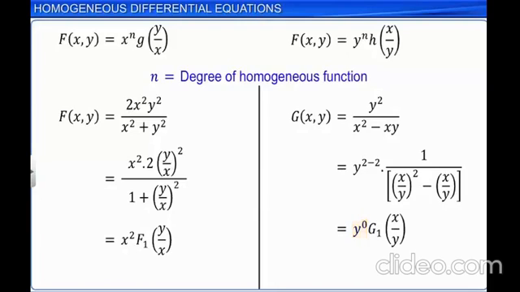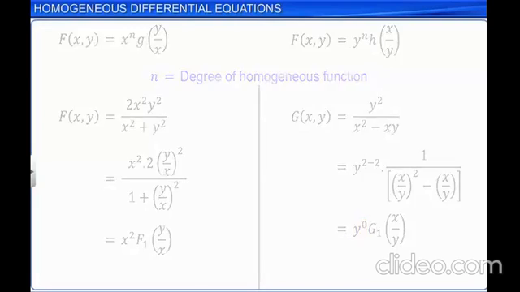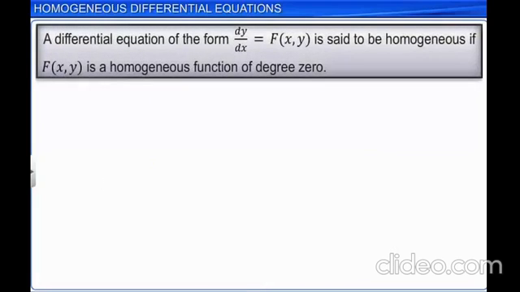Now, we define a homogeneous differential equation. A differential equation of the form dy upon dx is equal to f of x comma y is said to be homogeneous if f of x comma y is a homogeneous function of degree 0. Given a homogeneous differential equation, we can convert it into a form that can be solved using the variable separable method.